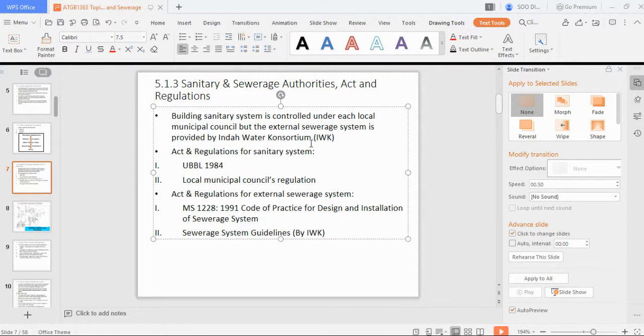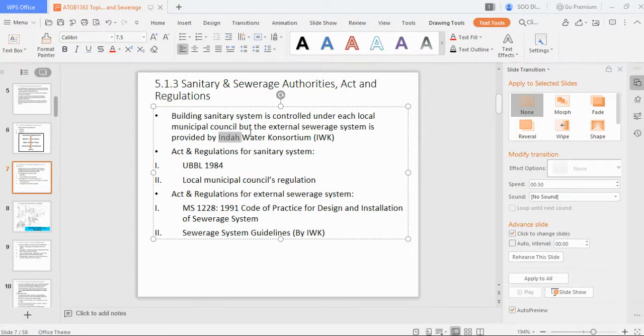You are not only paying for that particular house, you are still paying for the road in, let's say, your gated community, and also your sewage treatment plant. So IWK does not build the sewage treatment plant for free.